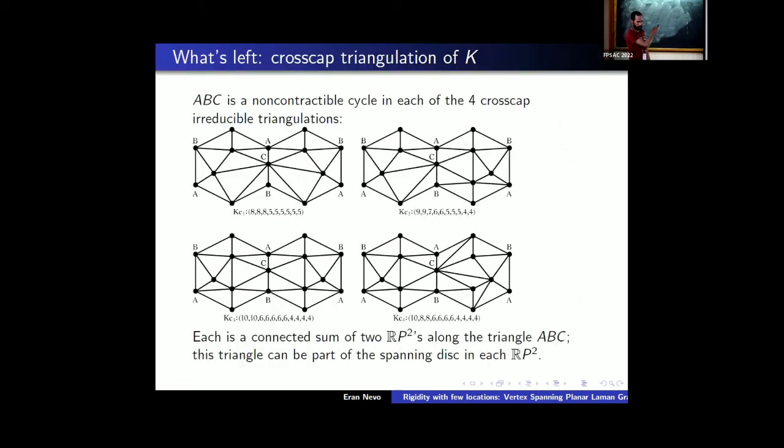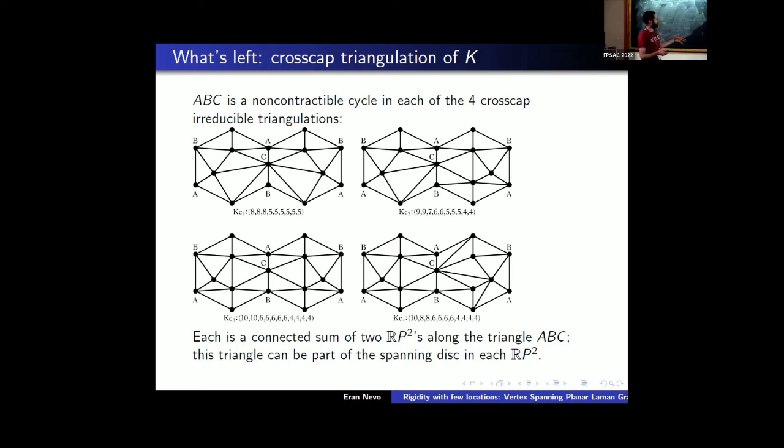Okay, so we are left with those 4 problematic irreducible triangulations. You see that in both of them, this part is an RP2, this part is an RP2, and they are glued along this missing triangle, ABC. Now, we start with them and we do vertex splits.